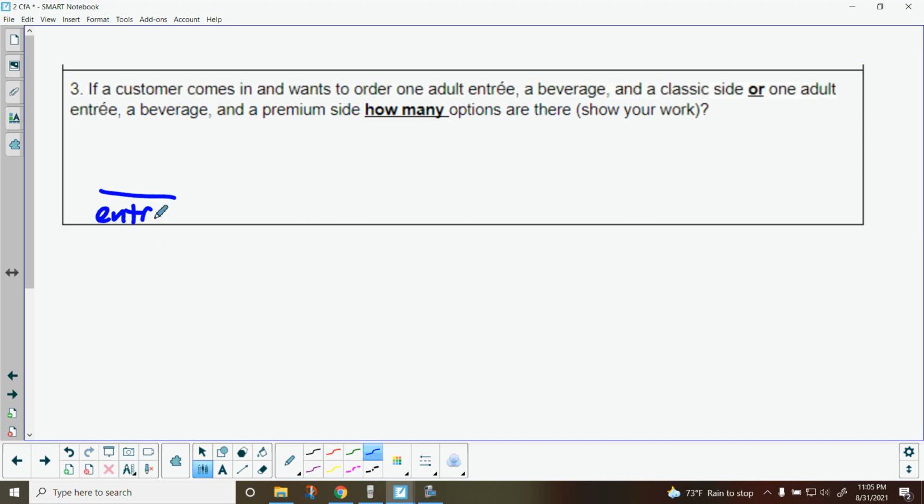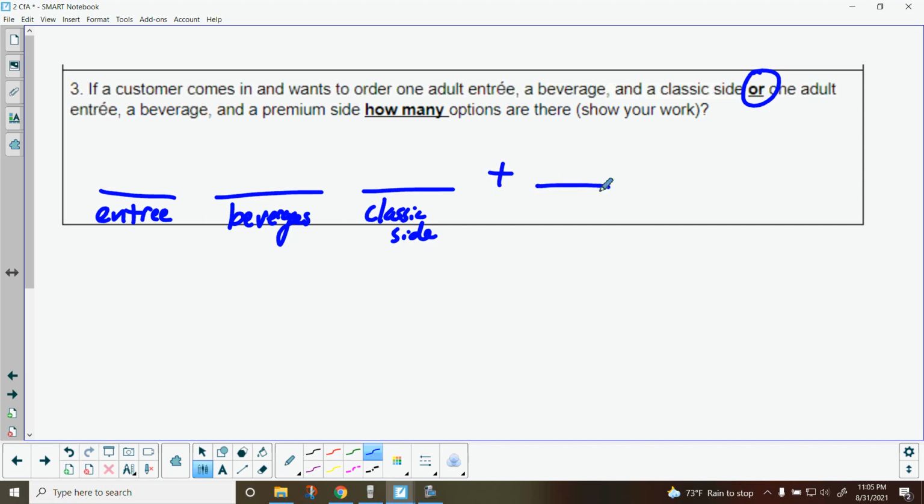Beverage, we've already counted the beverages. And classic side, we know these numbers. Or means to add another entree, another beverage, again, numbers we already know, but then a premium side, not classic, premium.